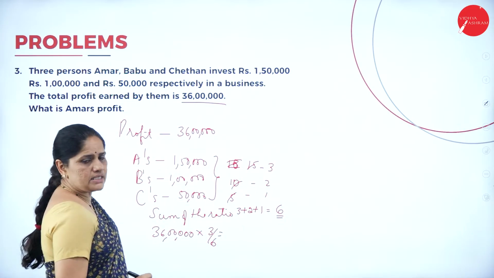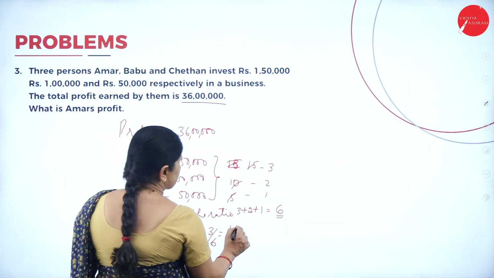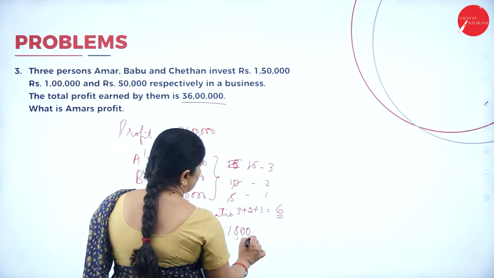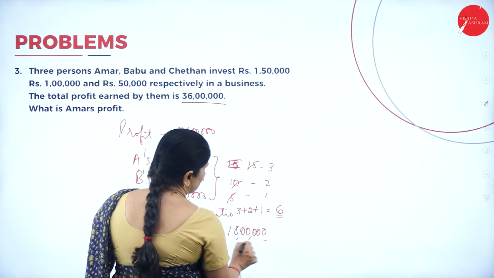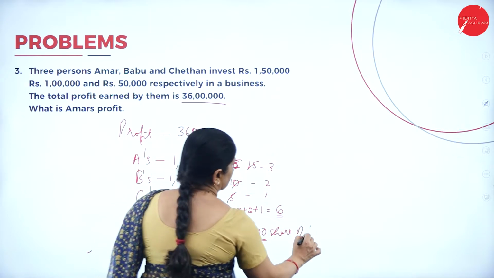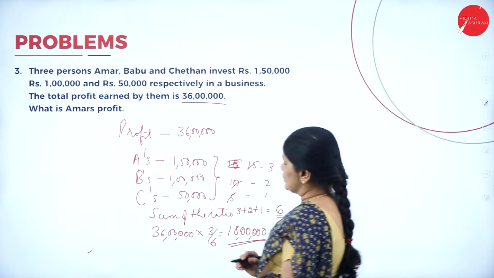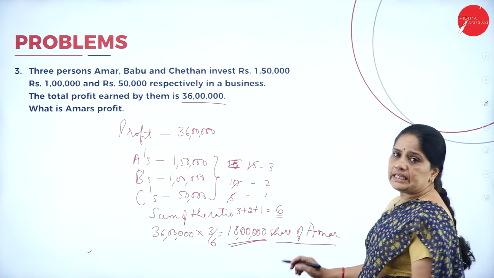So, 3 by 6 is half of 36 lakhs, that comes up to 18 lakhs. So, this is the share of Amar. So, Amar's profit is 18 lakhs.